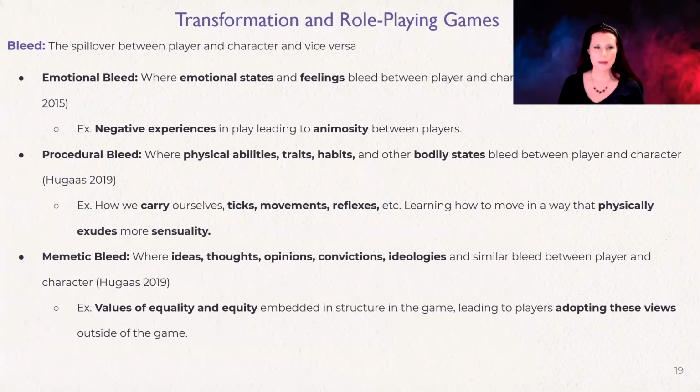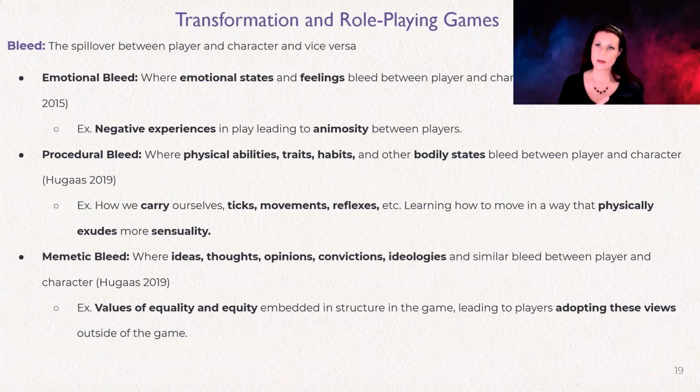And then we have mimetic bleed, which is where ideas, thoughts, opinions, convictions, ideologies, and similar kinds of phenomena bleed between the player and the character. And values of equality and equity embedded in the structure of a game, for example, may lead to players adopting these views more readily outside of the game.